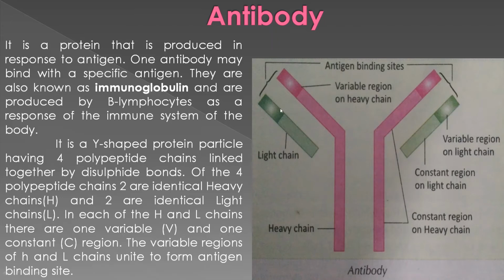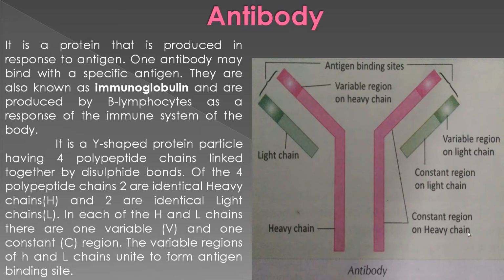In the heavy chain, this is the variable region and this is the constant region. Again, in the light chain, this is the variable region and this is the constant region. So both heavy and light chains have one region which is variable and one region which is constant.